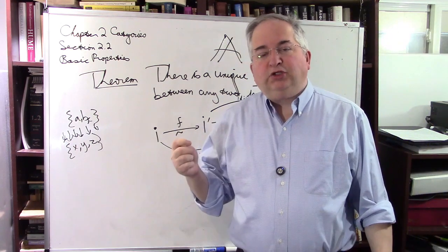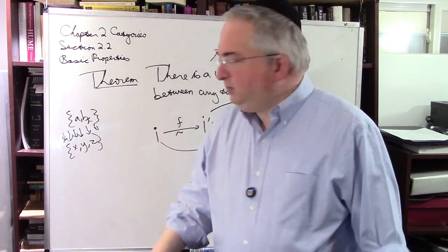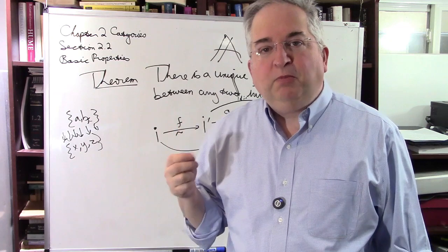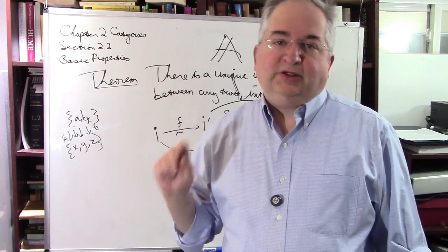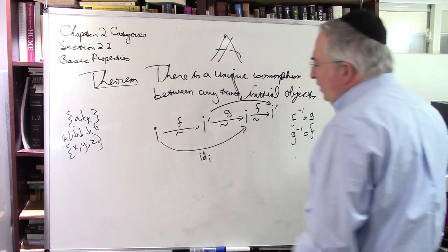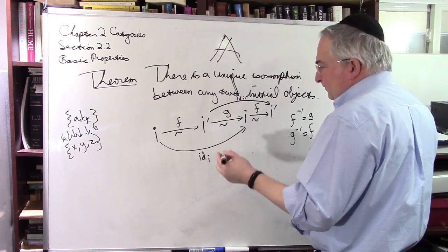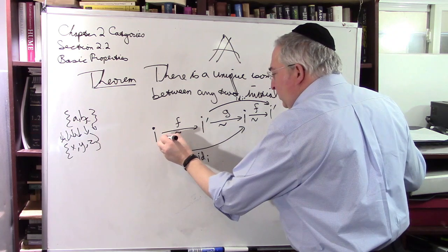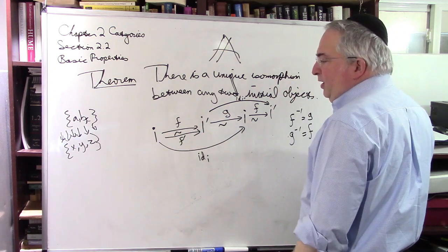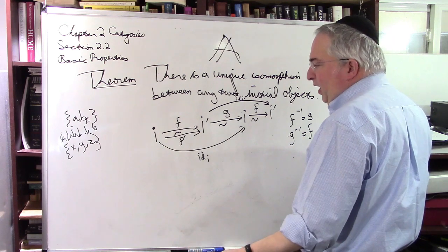But what do we want to show? Not just that there are isomorphisms. We know lots of times there are isomorphisms. But here we have something more special. There's a unique isomorphism, which means what? Well, let's imagine that there's another isomorphism from here to here. We'll call that F prime. One second, that can't be. Why?